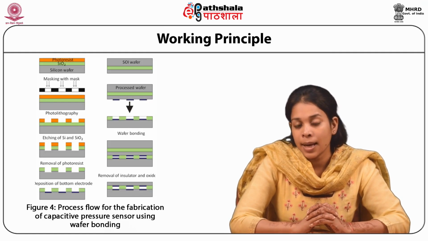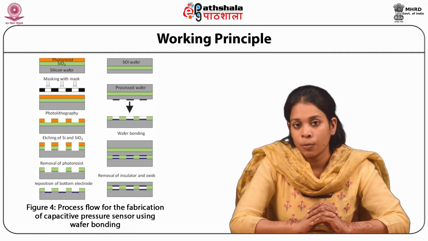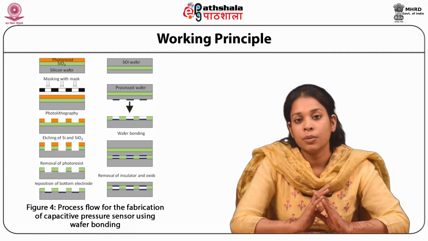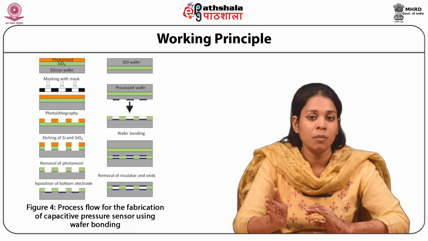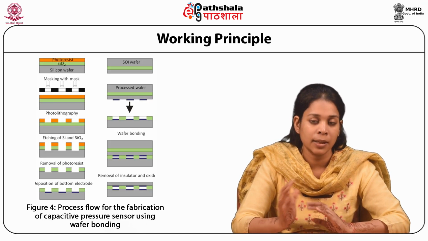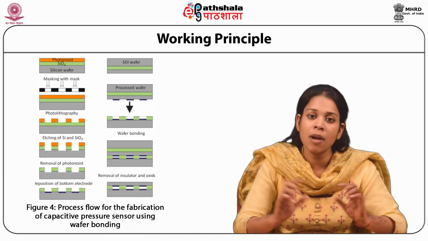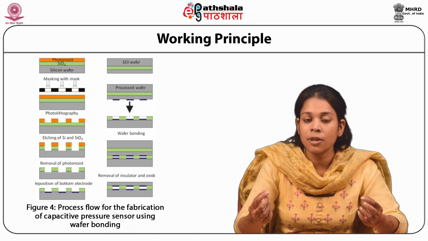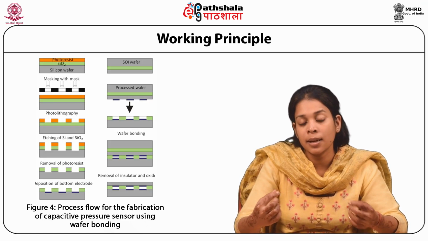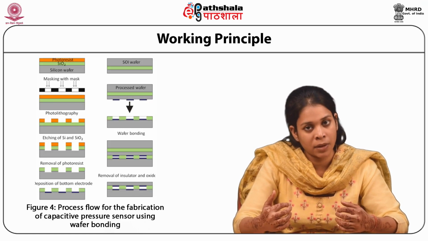Now in the second step, we are taking the SOI wafer, which you can see in the second column of the figure on the top side. SOI stands for silicon, oxide, silicon, that is, silicon, silicon dioxide, silicon wafer.